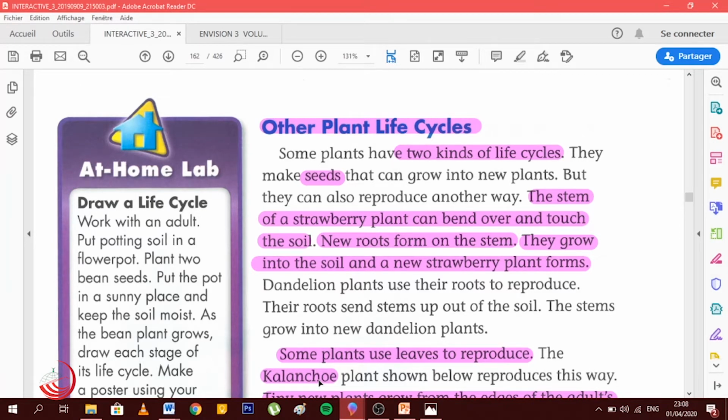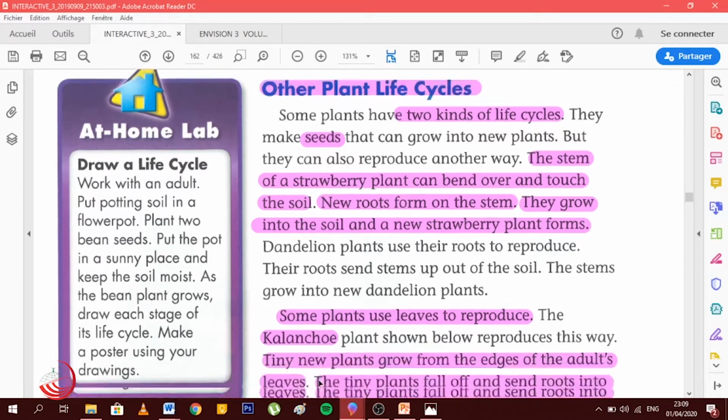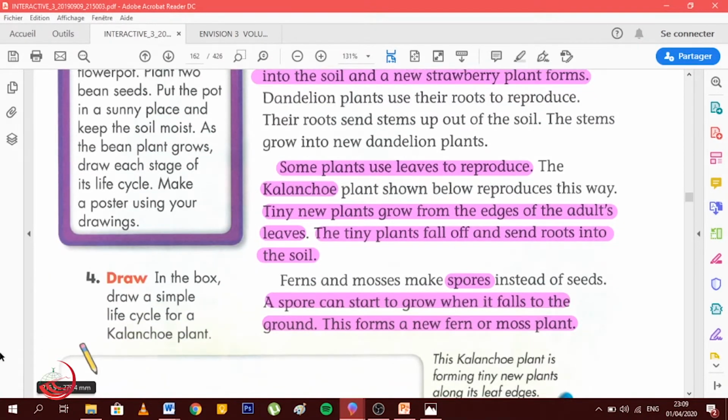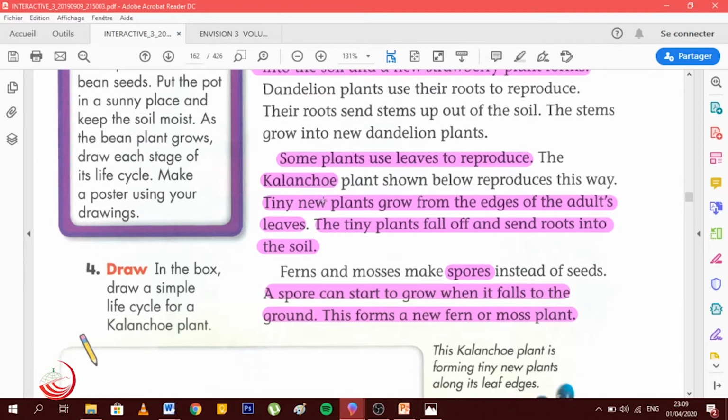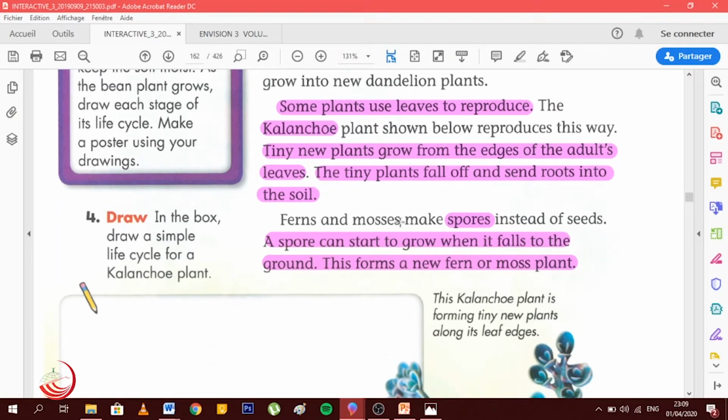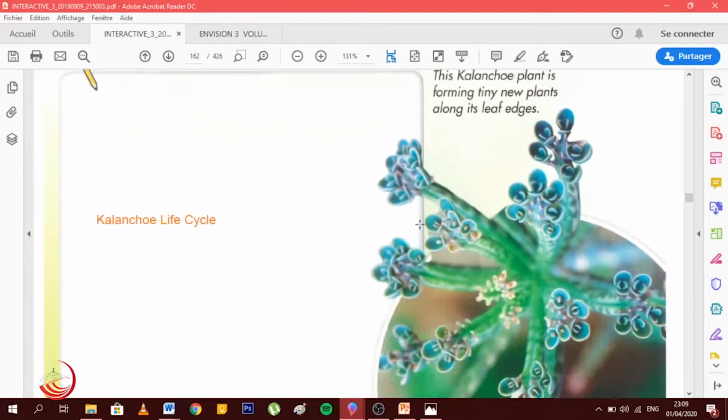As we've seen, strawberries and dandelions can be reproduced from the seeds and also from the stems. The plant kalanchoe is reproduced by growing tiny plants on the leaves, and ferns and mosses are reproduced from spores and not seeds, because ferns and mosses make spores and not seeds.